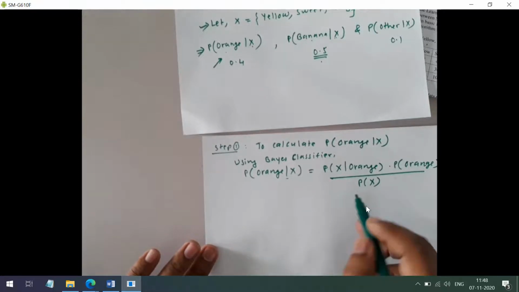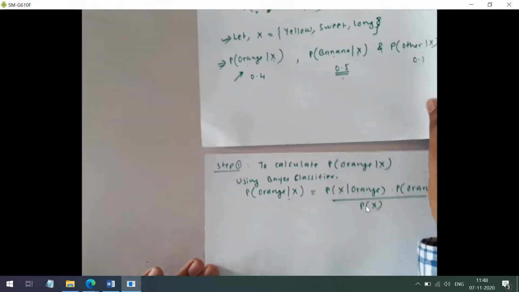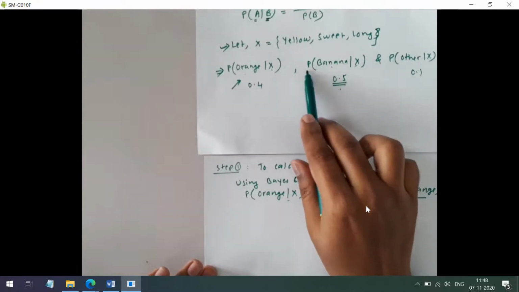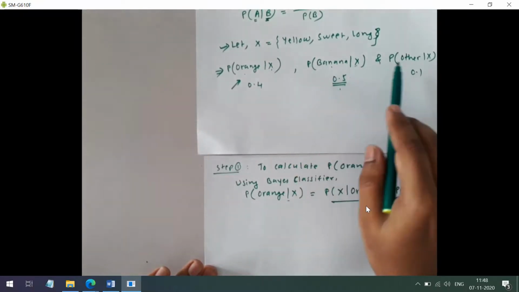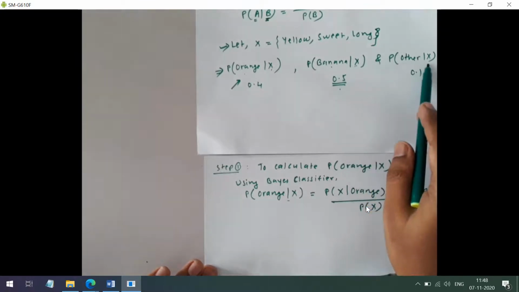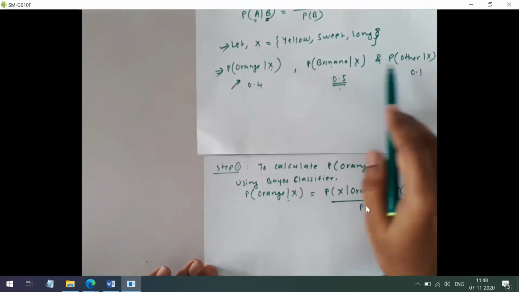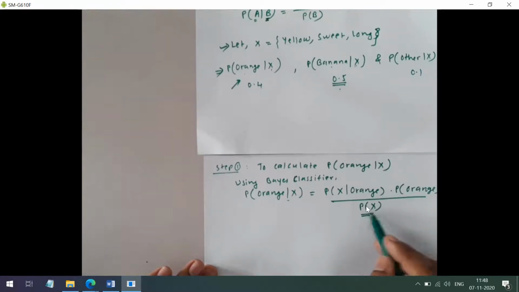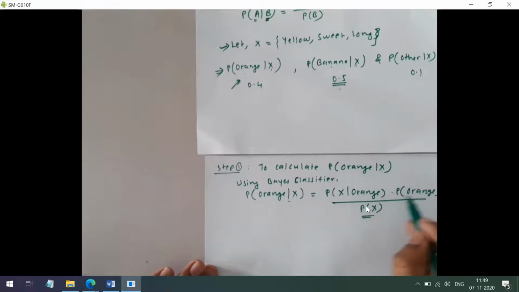Now in every class, so after this we are going to find the probability of banana given X, and then probability of other given X, right? In all the terms this P of X will appear, right? We cannot determine the probability of P of X because this event has not occurred. So we are going to find only this term.